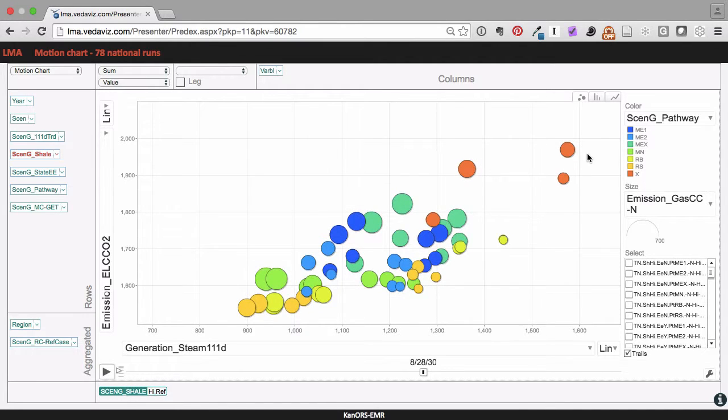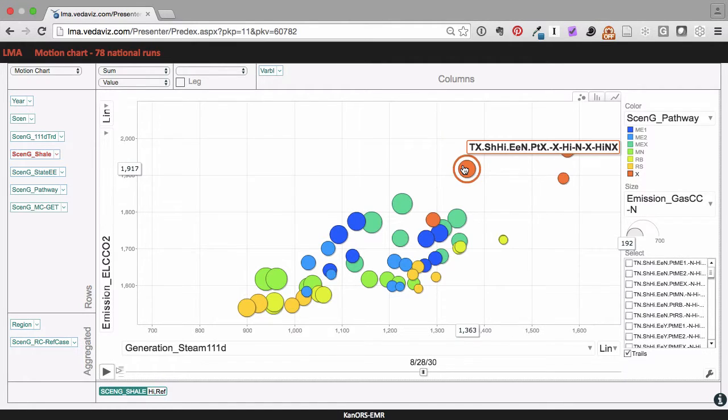And that allows us to easily see which are the EE-NO and EES scenarios. The EE-NO scenarios have more new gas, and so they're larger than their EES counterparts. So we can see that 2030 emissions under business as usual reference shale conditions and no additional energy efficiency were just shy of 2,000 million metric tons.